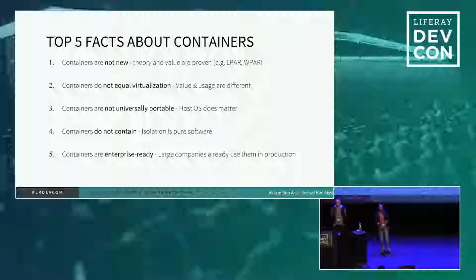Containers are different from virtualization. We will go into deeper details just after that. Containers are not portable, which means that if you develop a container image, you can't move it from an OS to another one. You are dependent on the kernel version. A funny sentence is that containers do not contain.